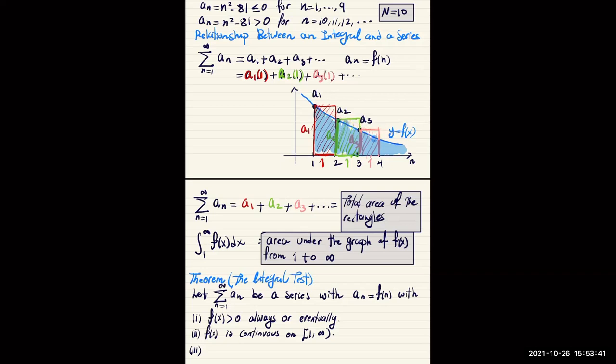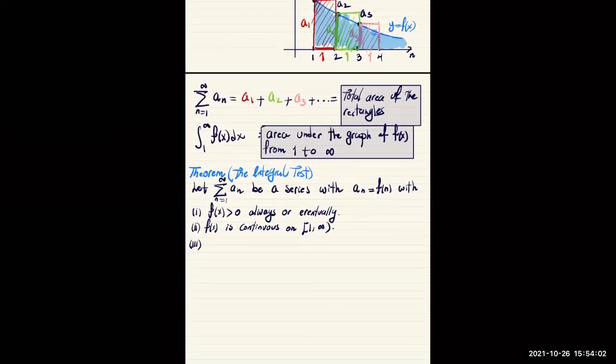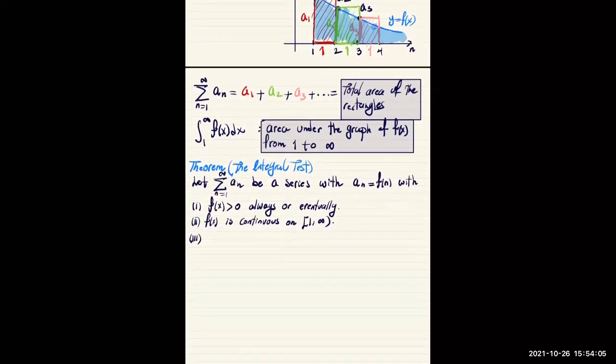Well, if f is not decreasing, the series is just going to diverge. Okay, we know that for sure. But we need f to be always decreasing because, I want you to think why. It has to do with these errors. That condition is also used in the proof.